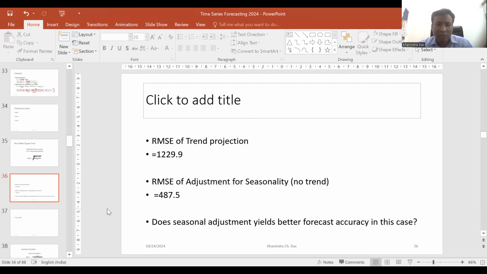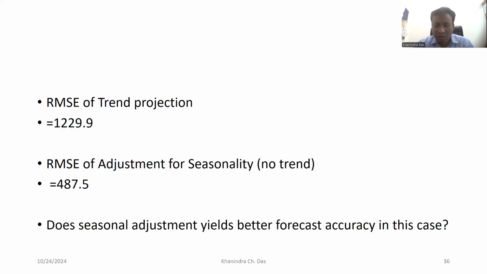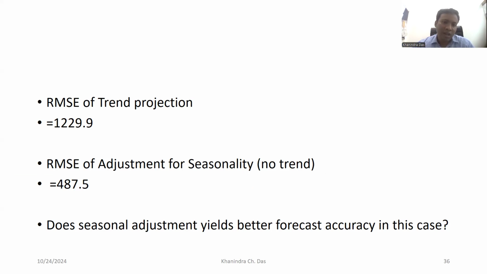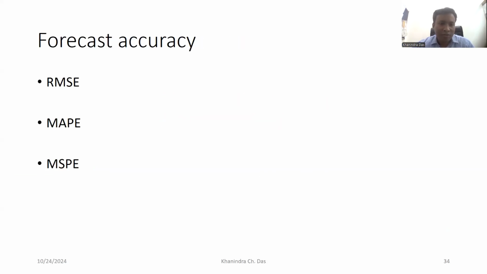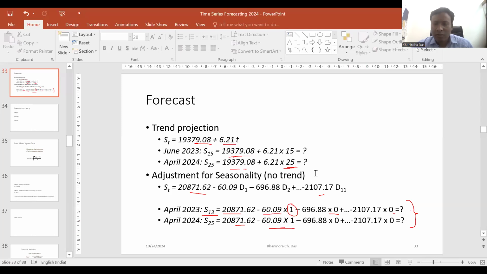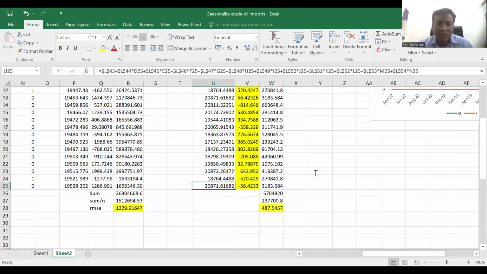So therefore, in this particular series, seasonal adjustment yields better forecast accuracy, and you will have to now know what the forecast values were. That's given here in the Excel file. If you see the Excel file, these are your forecast values.